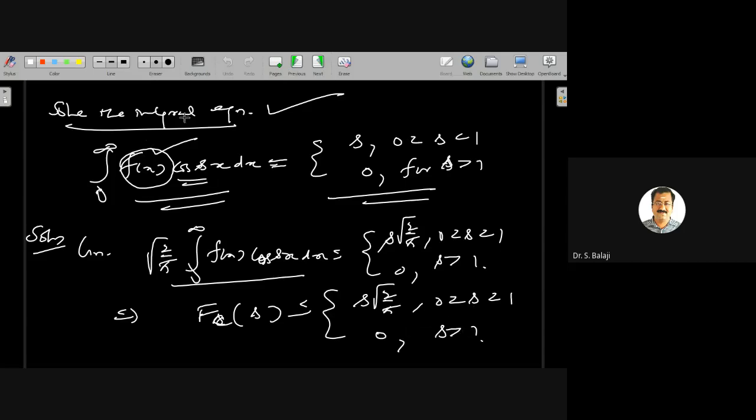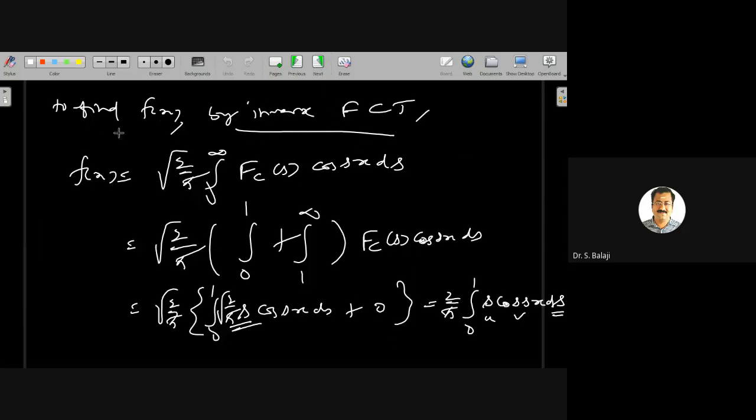If you want to solve the integral equation, you have to identify f of x, the unknown. To find f of x, we use the inverse Fourier cosine transform: root of 2 by pi times the integral from 0 to infinity of Fc of s cos sx ds.